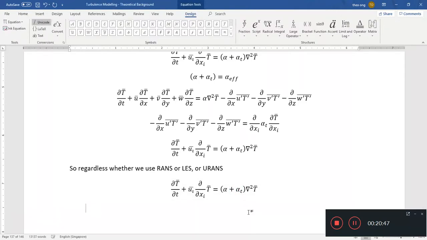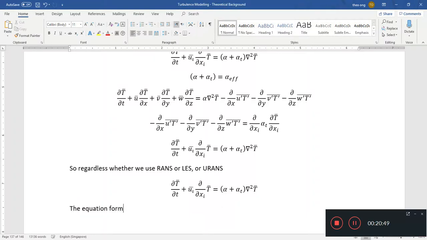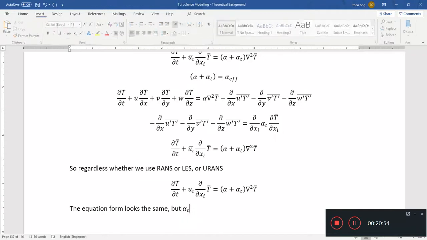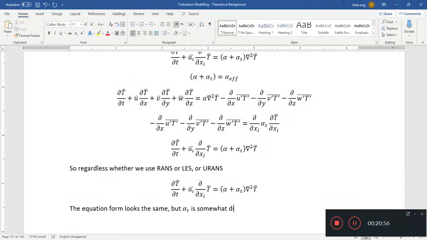The equation form looks the same, but alpha t is somewhat different between RANS, URANS, and LES.